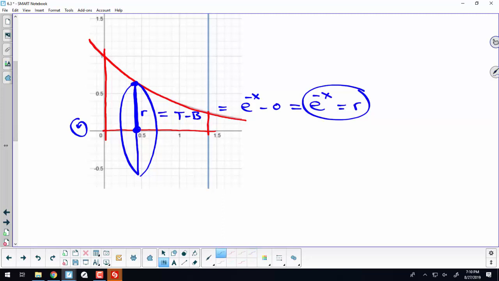So we're going to say the volume is the integral of the areas of each one of these circles, pi r squared dx. What are the bounds on x?